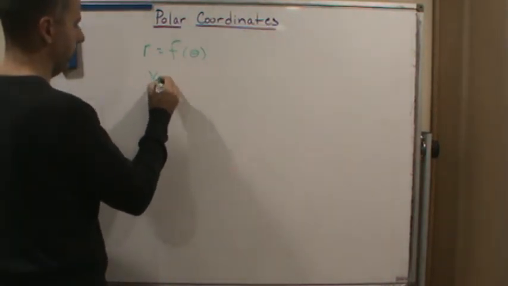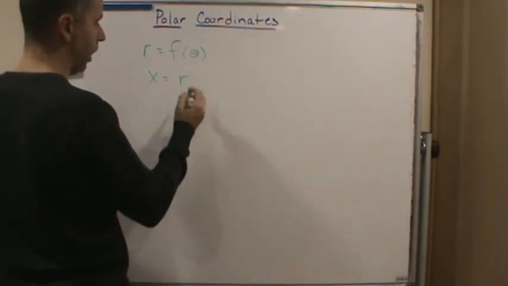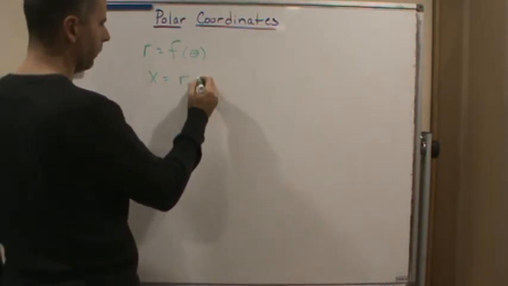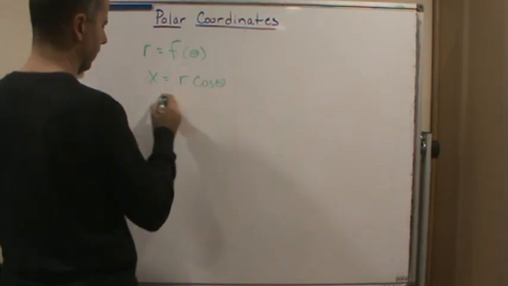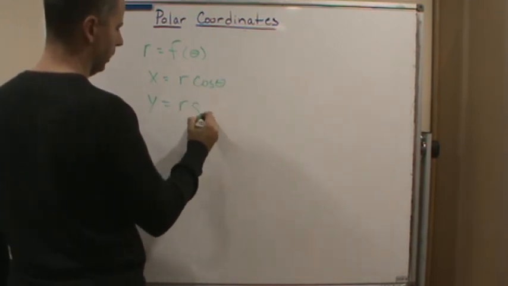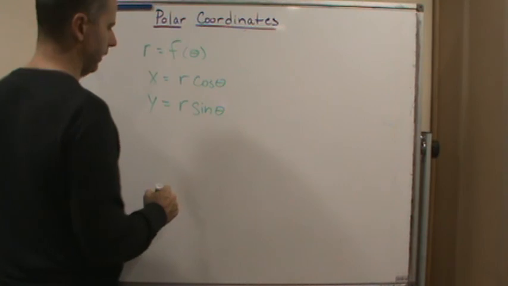You know, x equals r cosine theta, and then y equals r sine theta.